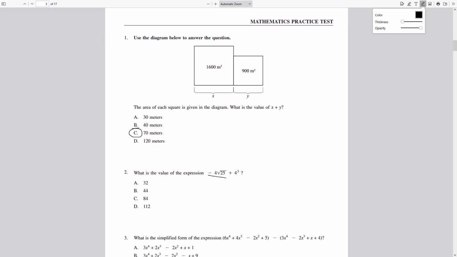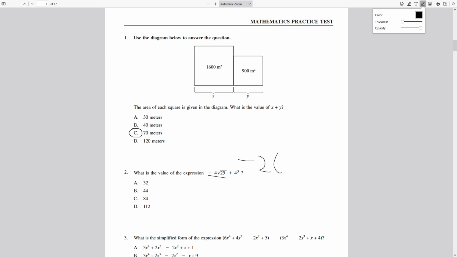So what's the value of this expression? Well, the square root of 25 is 5, so negative 4 times 5 is 35, right? That's 7 times 5. Yeah, it's 20. I was thinking of times 9. Negative 4 times 5 is negative 20. I'm just going to write that down.